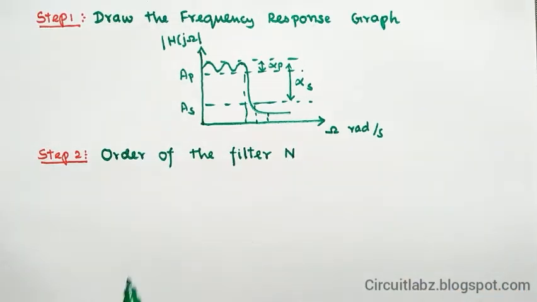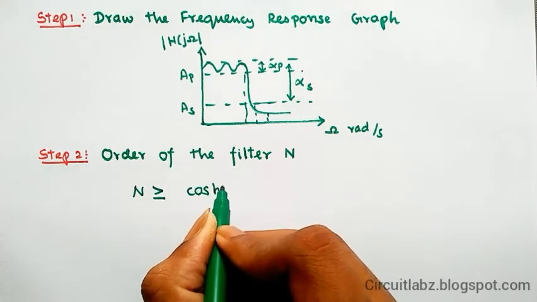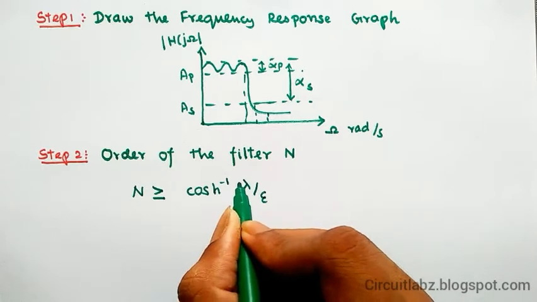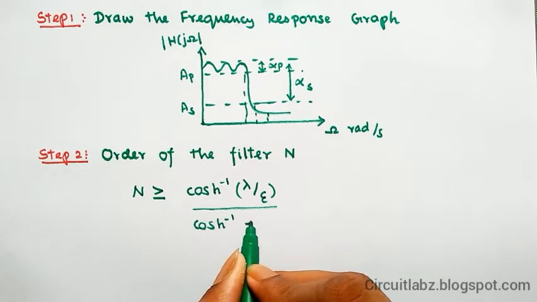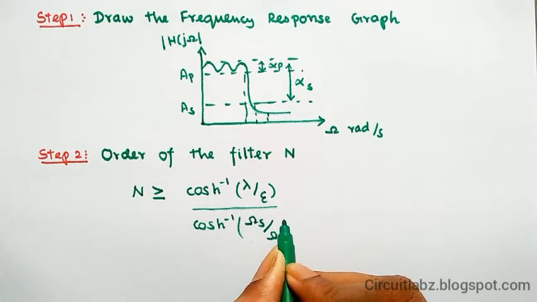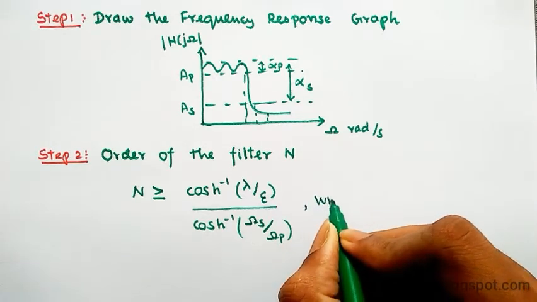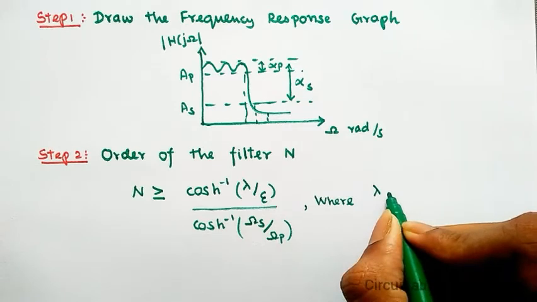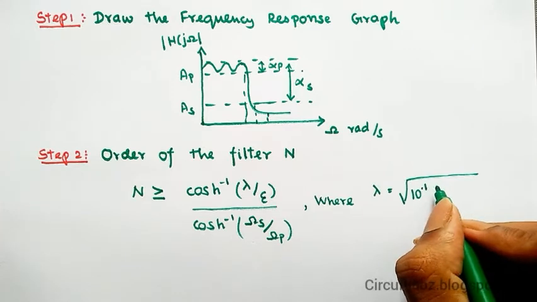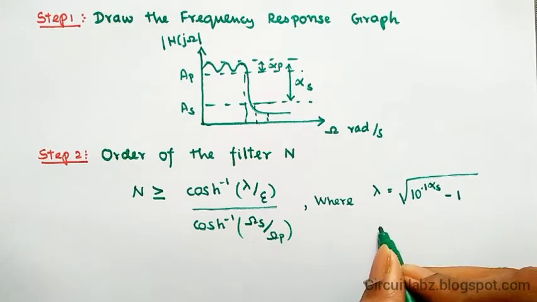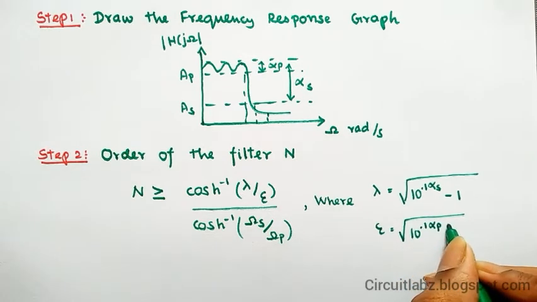We will find the order n using a formula which is given by n is greater than or equal to cosh inverse of lambda by epsilon divided by cosh inverse of omega s divided by omega p, where lambda and epsilon are attenuation constants, and lambda is equal to square root of 10 to the power 0.1 alpha s minus 1, and epsilon is equal to square root of 10 to the power 0.1 alpha p minus 1.